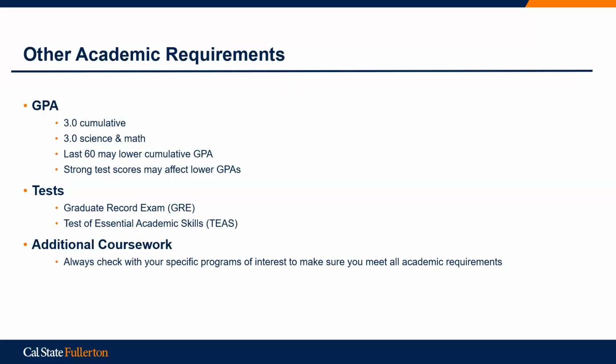So for the careers that we're talking about today, the most applicable test is going to be the GRE, the Graduate Record Exam. For nursing, you do have to complete the TEAS. So for the GRE, you really are going to want to study. We recommend like 4 to 6 months, allotting 6 to 8 hours a week for that.